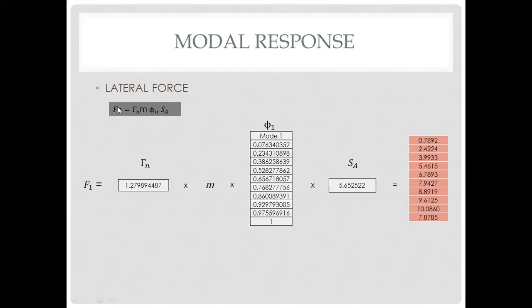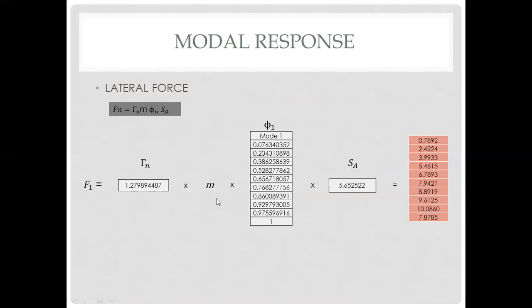So, next is the lateral force. So, ito yung formula ng lateral force. Ito yung participation factor, then the mass, then the eigenvector, then spectral displacement. So, ito yung na-solve natin kanina na mode participation factor.